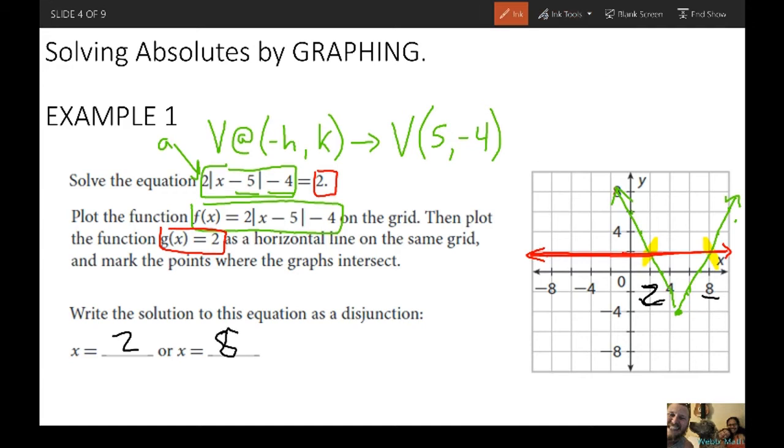That's slightly better. There. So notice how we can solve absolute value equations by graphing. And again, solutions are basically your intersections, okay? Just like with systems.